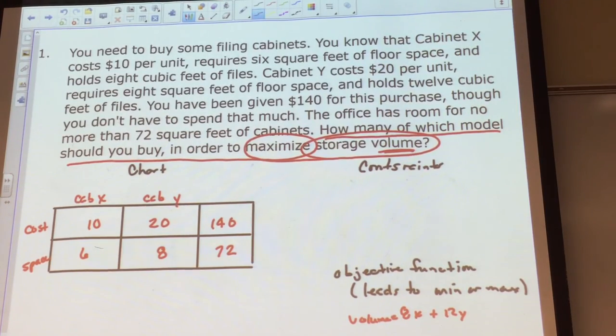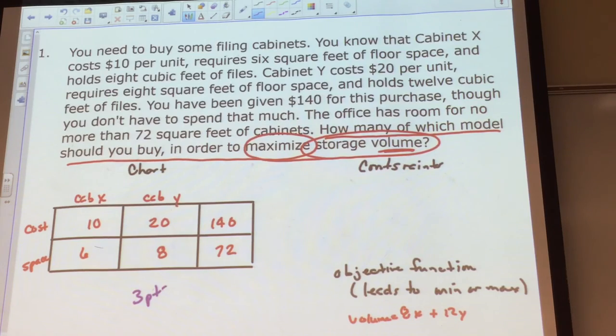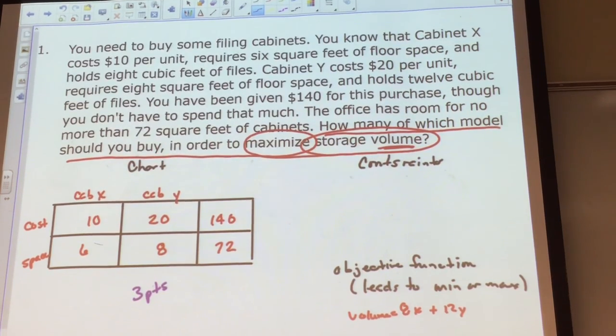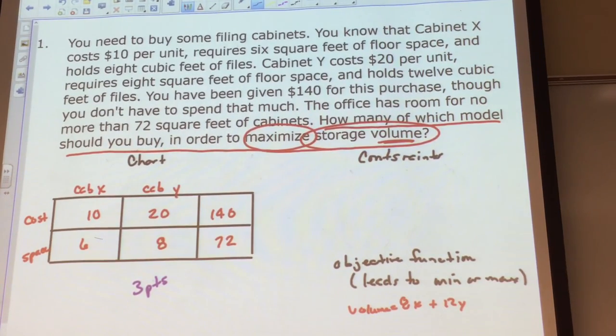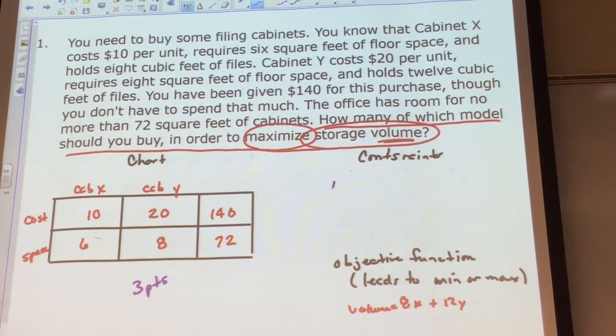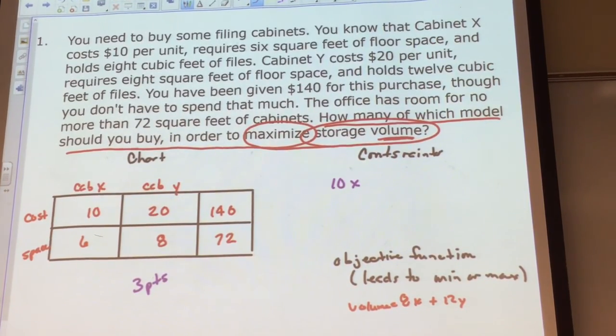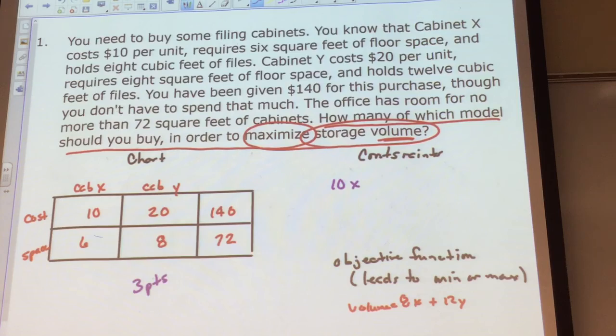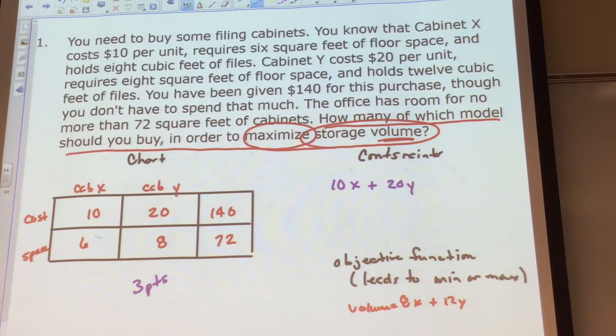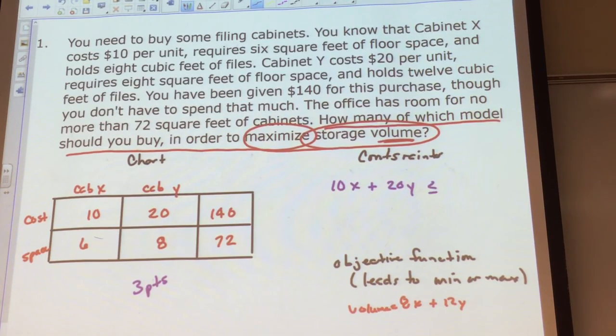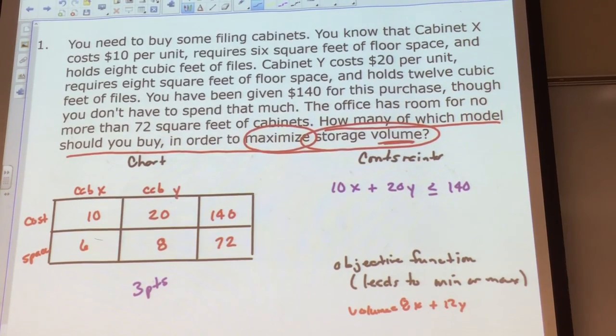This is worth 3 points. Your constraints are the inequalities you're going to have to use. $10 for every cabinet X and $20 for every cabinet Y cannot exceed the $140.